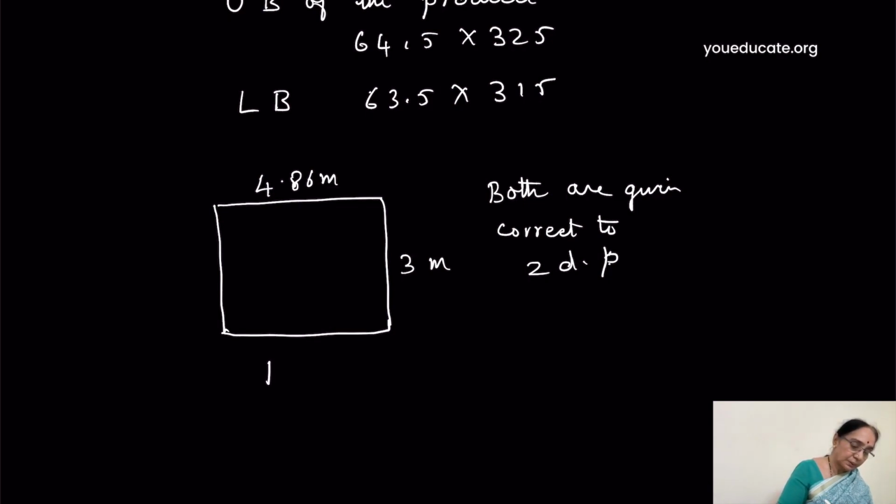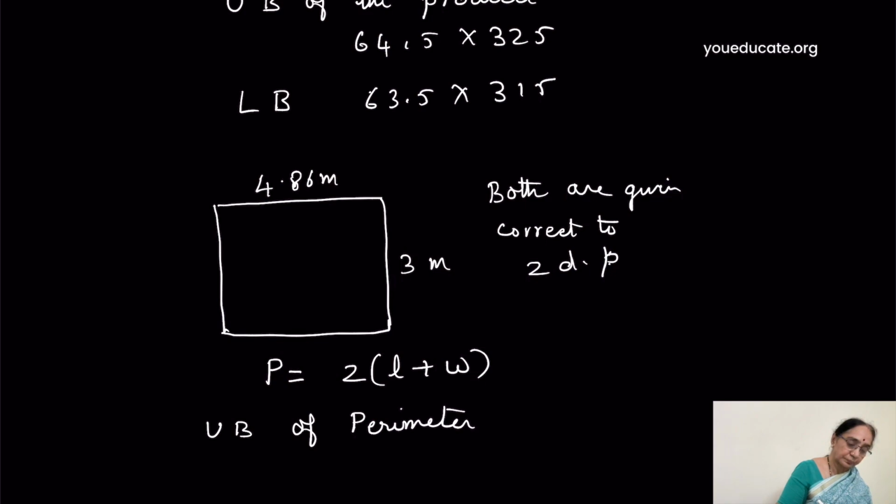Now perimeter is equal to 2 times length plus width. So for the upper bound of perimeter, we write 2 times the upper bound of the length, that is 4.865, plus the width, it is 3.00, right?